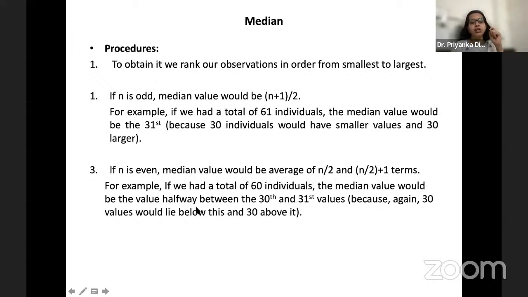N by 2 is 5. Fifth observation, not 5, fifth position. Then n by 2 plus 1 means the sixth position. So we have a fifth position and a sixth position, and then we have to take an average.